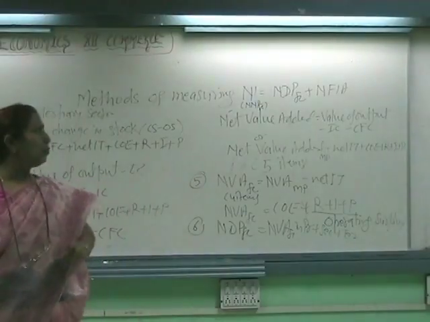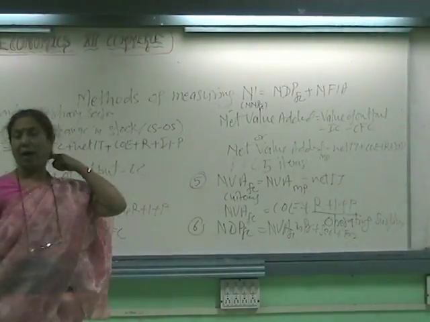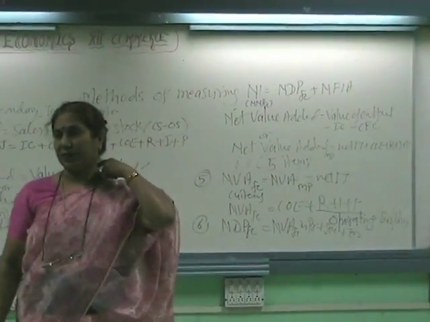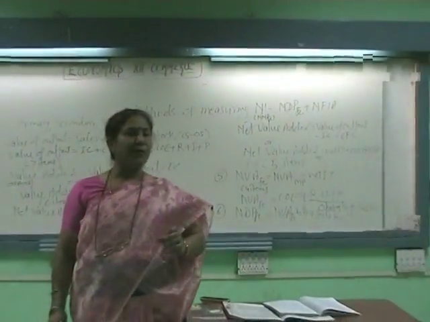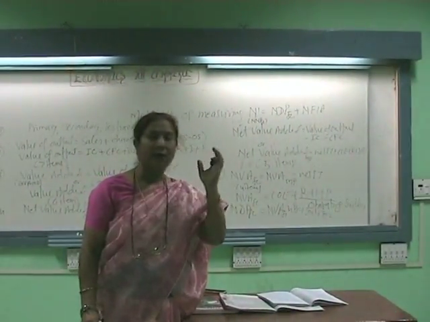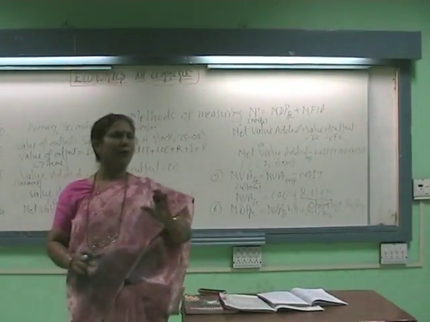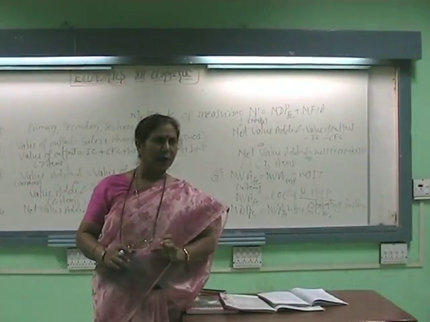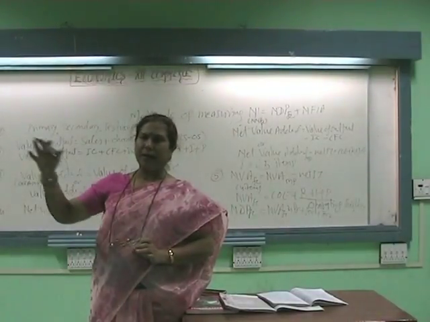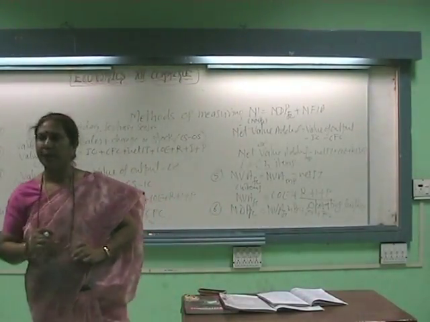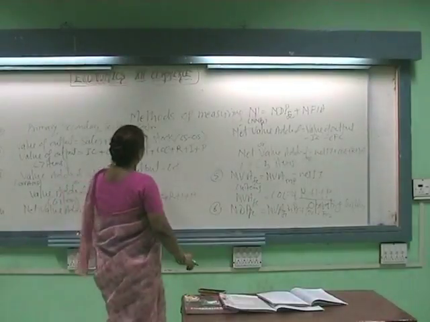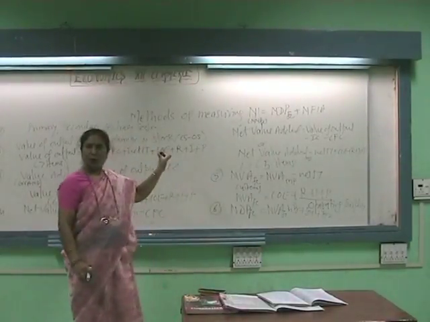When we use this method, we have to use certain precautions. So what are these precautions? By using net value added, actually for all the 3 methods, most of precautions are same. So I think we'll take up these precautions at the end, right? Now, first this method is clear to you.